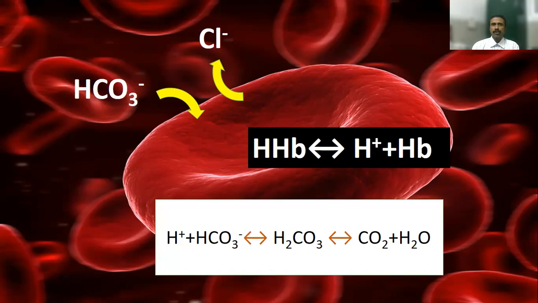Carbon dioxide moves out of the red blood cell into the plasma and then along the concentration gradient into the alveoli. So this is what happens at the level of the pulmonary circulation, and thus carbon dioxide is eliminated from the body.